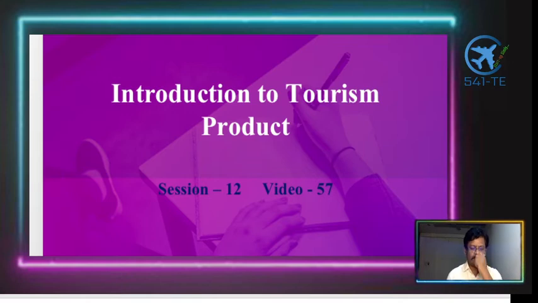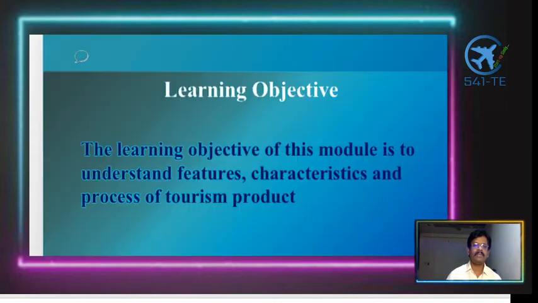So we look at tourism products, how tourism products are developed, and various other dimensions. The learning objective of this module is to understand the features, characteristics and the process of the tourism product.